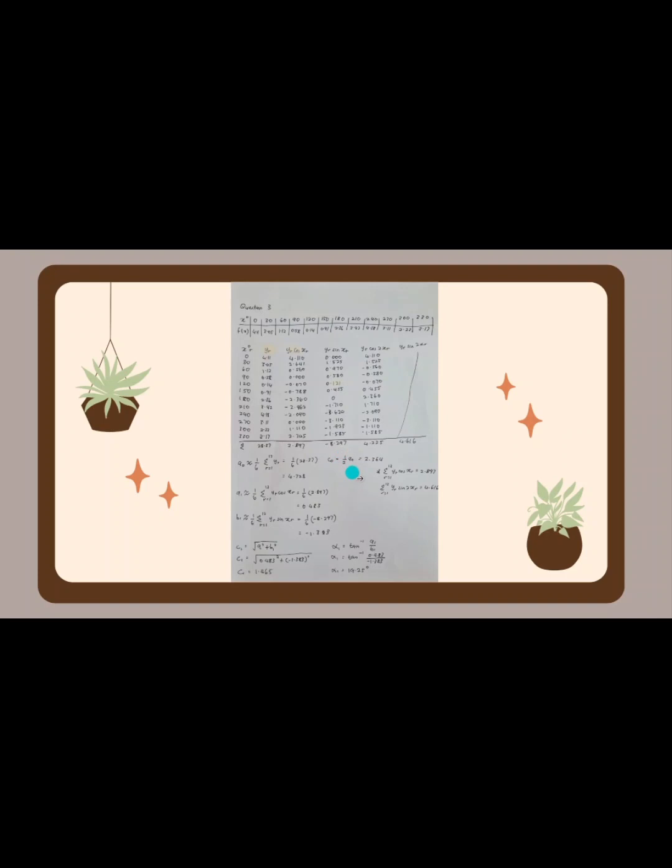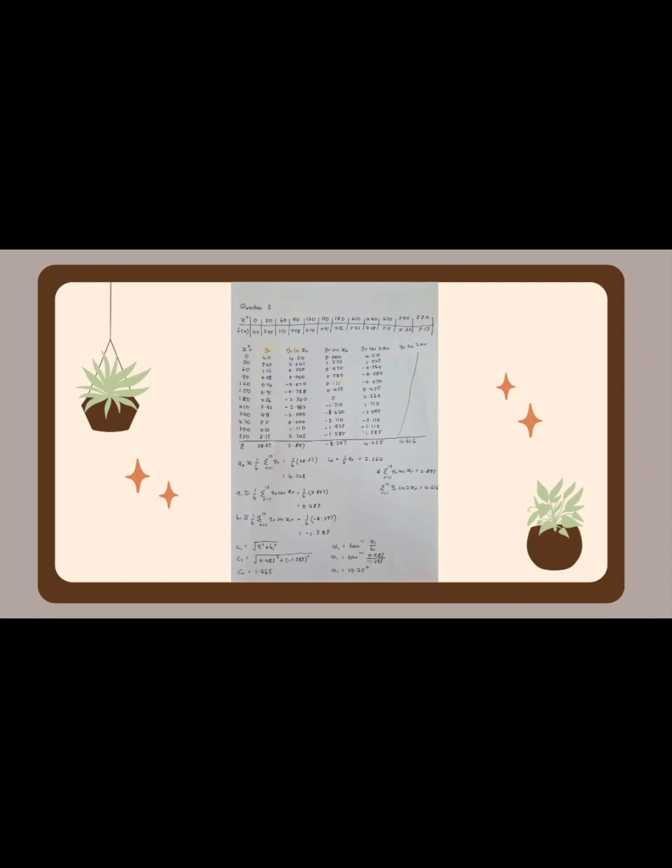As you can see here, the summation value for y sin xr is negative 8.297, while the summation of y cos xr is 4.225. So the first step is we are looking for the A naught.